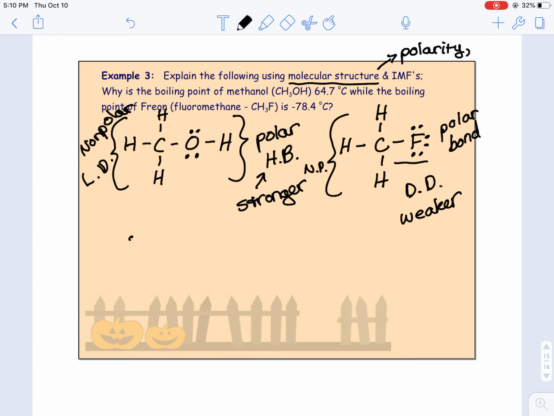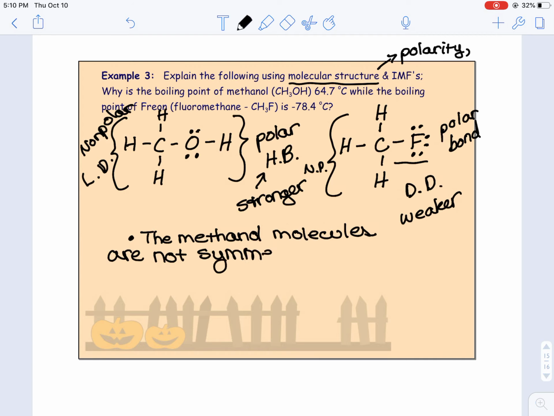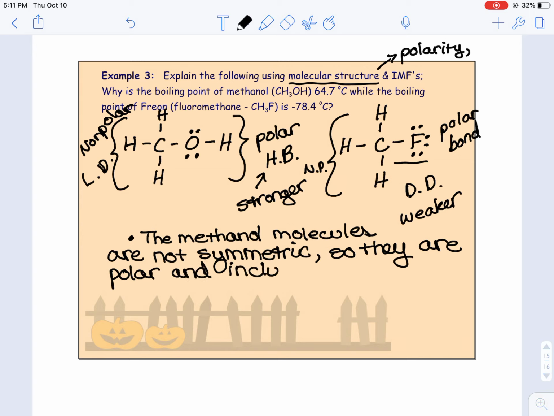So then your explanation part would be something like, the methanol molecules are not symmetric, so they are polar and include an OH bond.